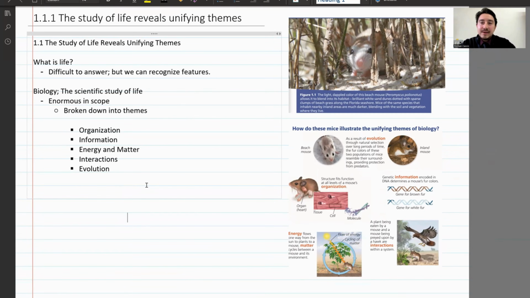What is life? It's a very simple question, but it can be broken down into fairly complex parts. We can recognize some key features about what defines us as living organisms and sets us apart from rocks or soil, so to say.